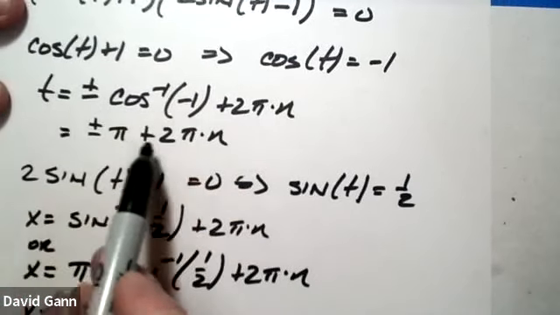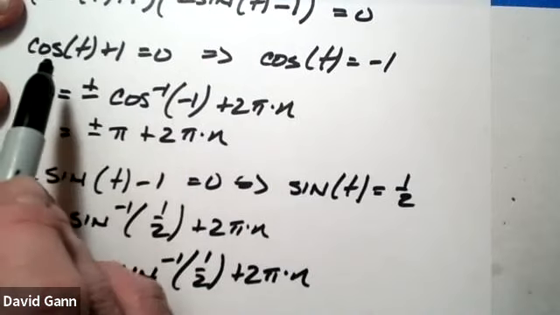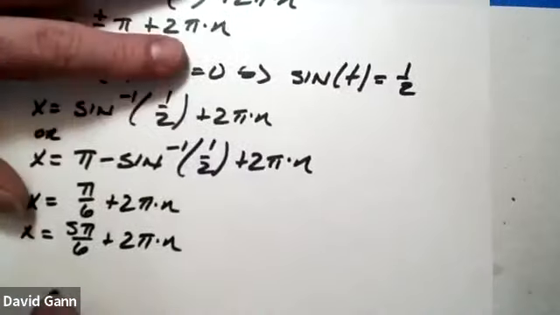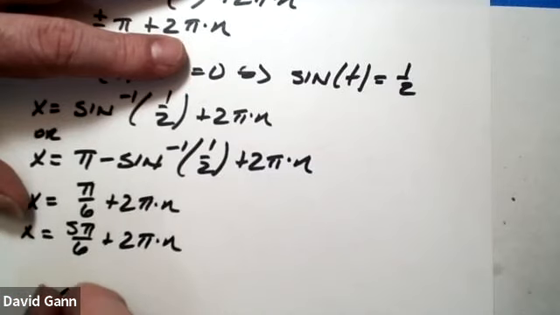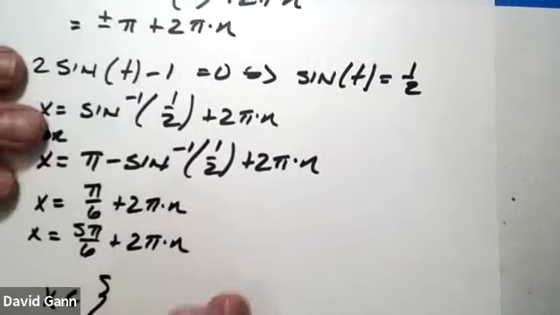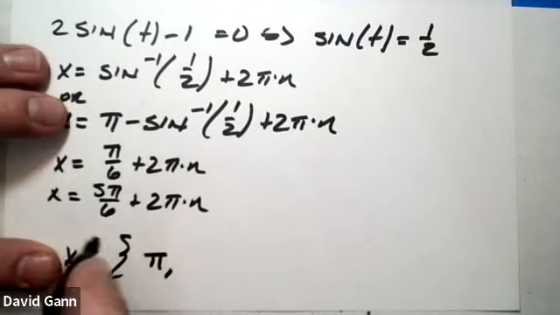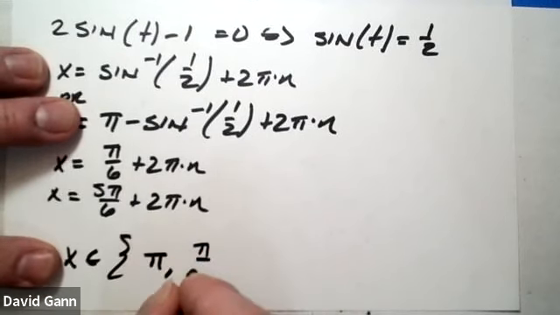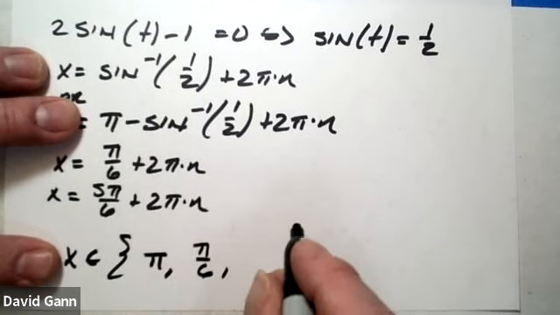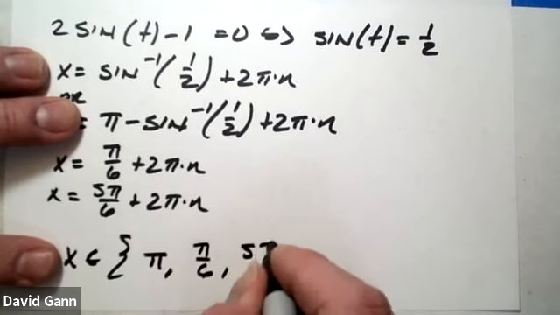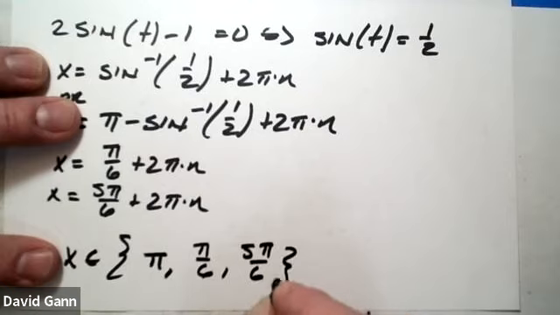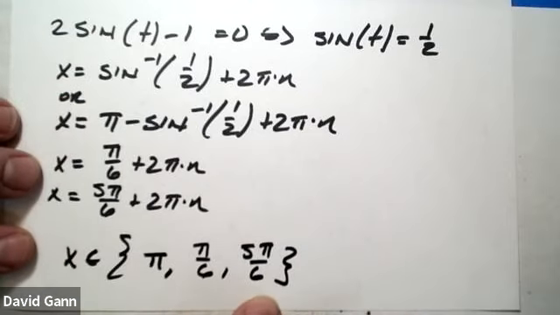So there's really only one answer in the specified interval that comes out of this branch. Usually there's two, but the bottom line is x is a member of the set that contains pi over 6 and 5 pi over 6. So this is the so-called solution set for this problem.